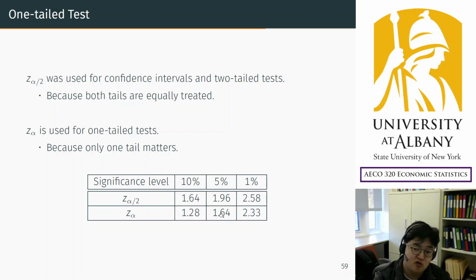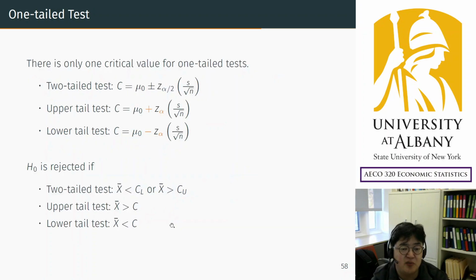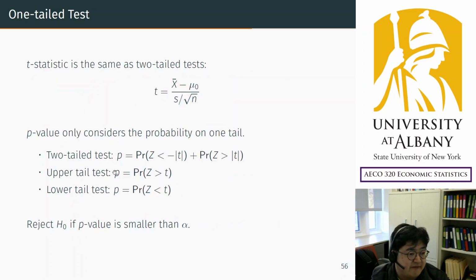So the number is now decreased. Given the same significance level, you are decreasing the numbers. That means you are more likely to reject, right? Which is clear because the p-value is halved. That means you are more likely to reject, right?